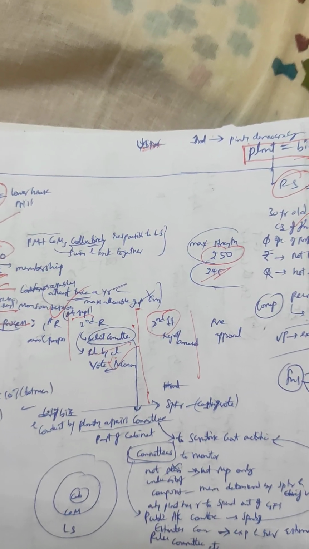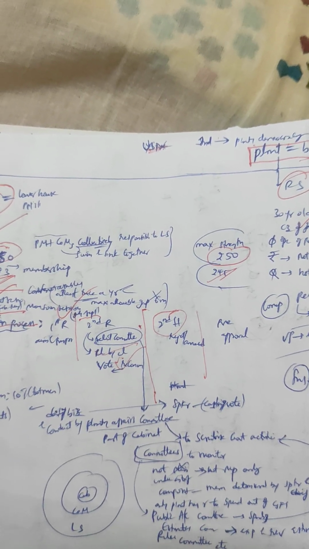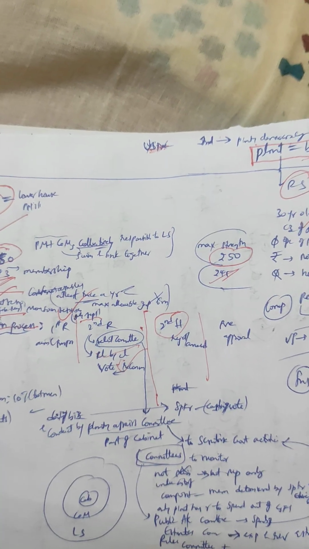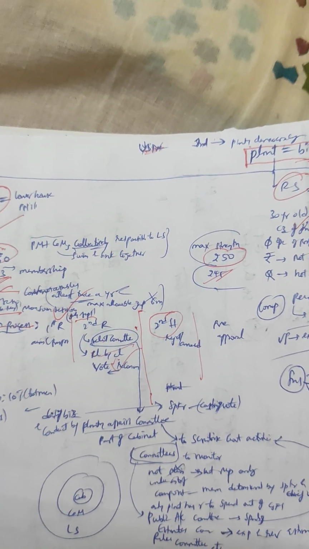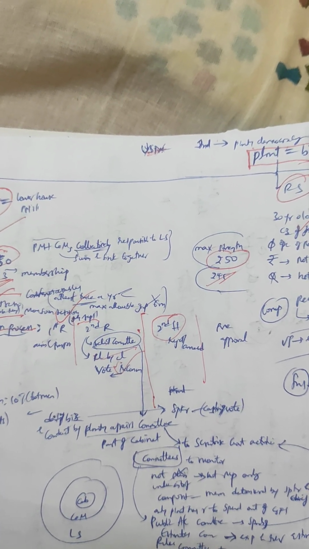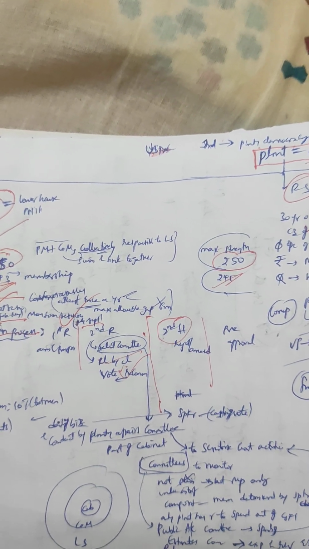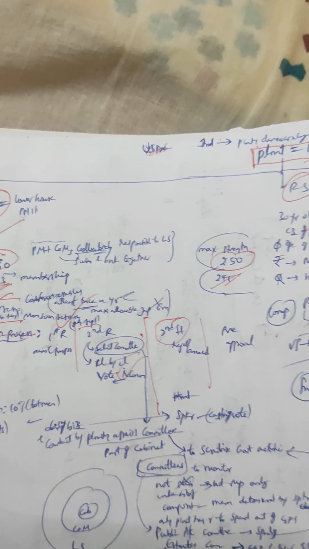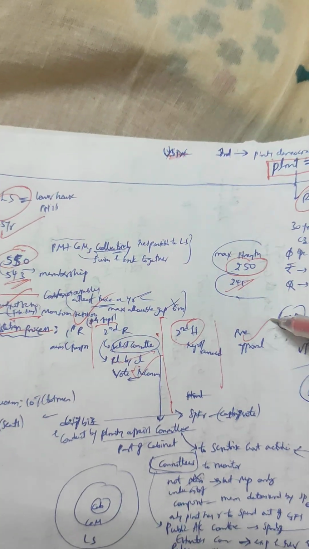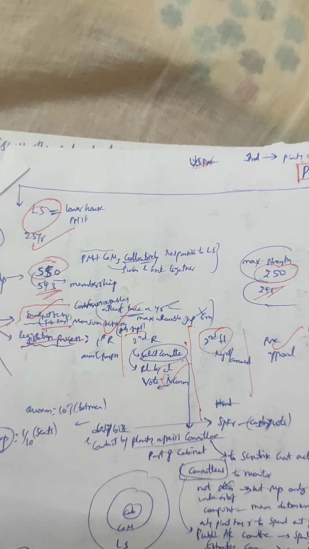It can't reject, or it can't amend, or it can't suggest any changes as such. So it is a rudimentary body in case of money bill for Rajya Sabha. But for any other ordinary bill or amendment bills also, it can be introduced in both the houses, and next it will be sent for the president's approval. So this is the legislation process.